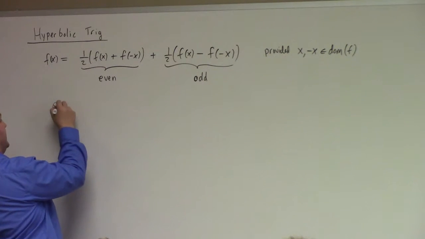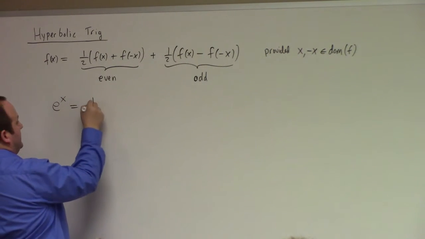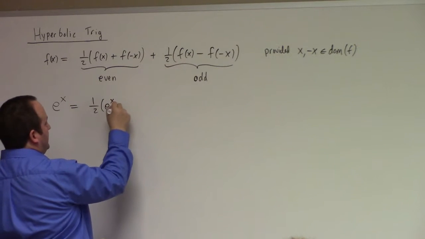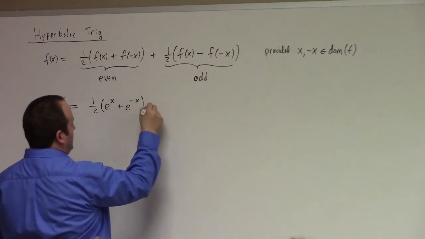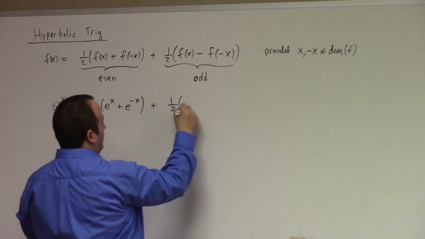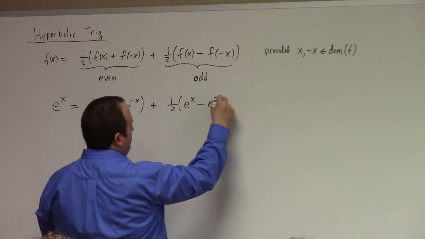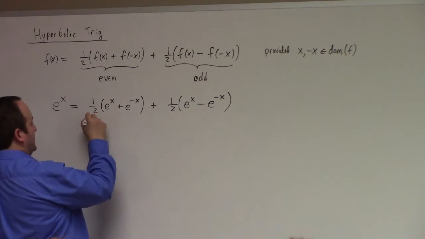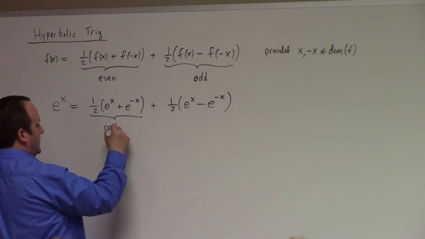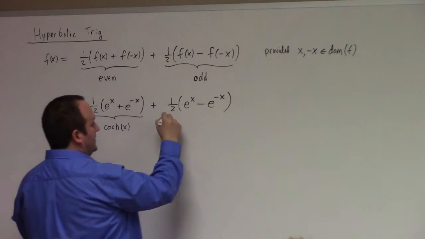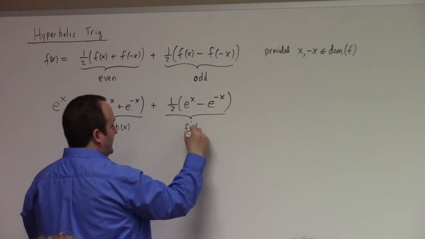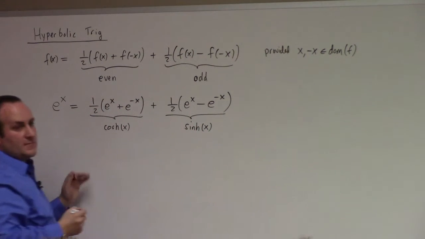So in particular, e to the x is equal to 1/2 (e to the x plus e to the minus x) plus 1/2 (e to the x minus e to the minus x). This first thing is called the hyperbolic cosine of x, or cosh x. This second thing is called the hyperbolic sine of x, or sinh x.